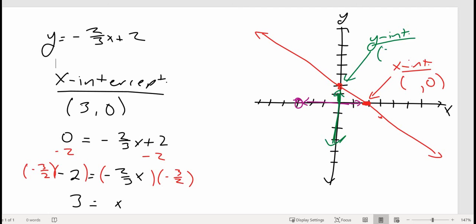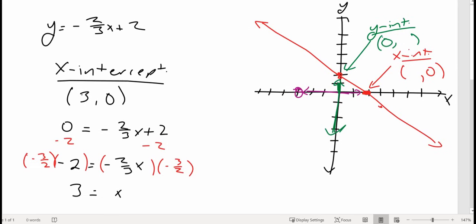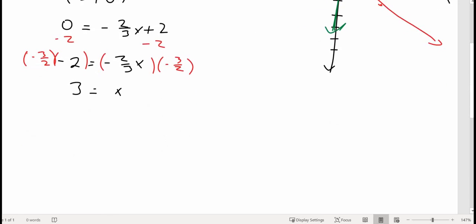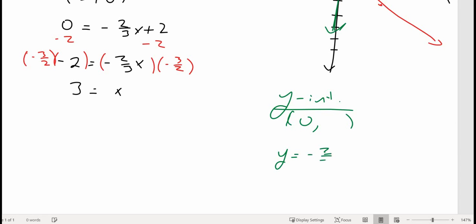So since you don't go left or right, the x-coordinate will always wind up being 0. So if I want to find the y-intercept for this, then I am going to substitute in the 0 for the x and then find out what y is. So y equals negative 2/3 times 0 plus 2.